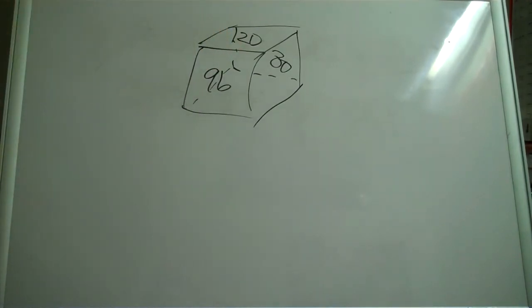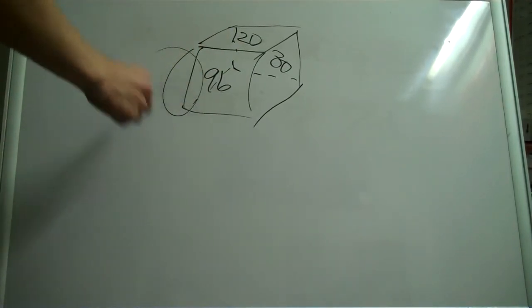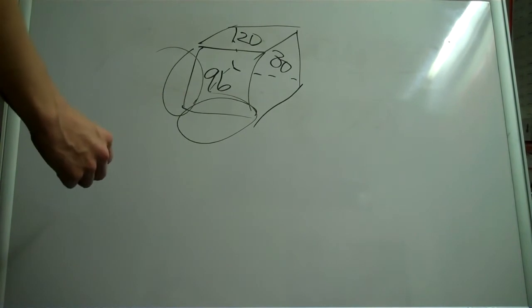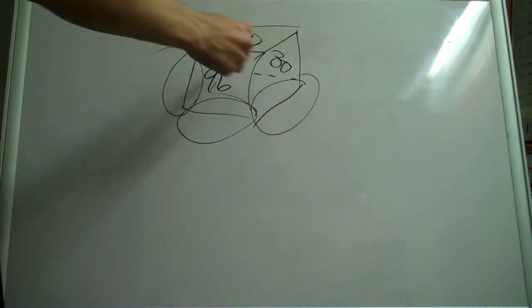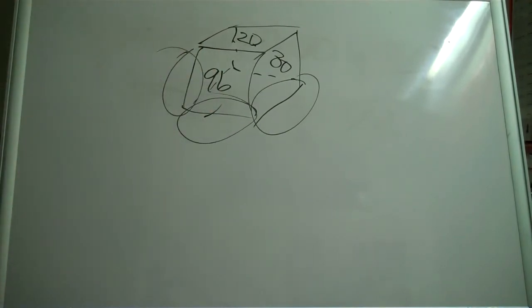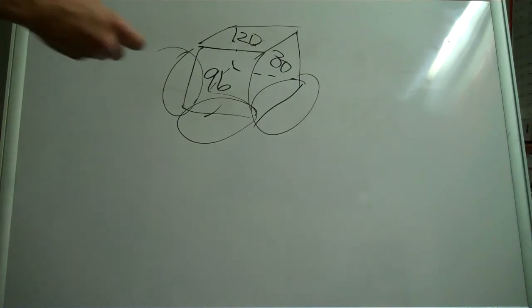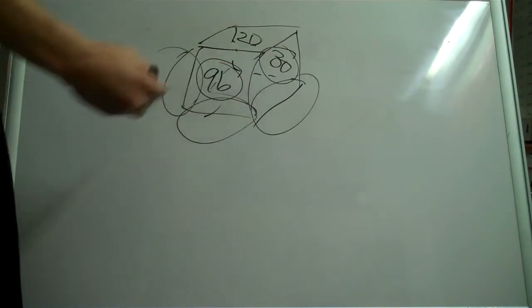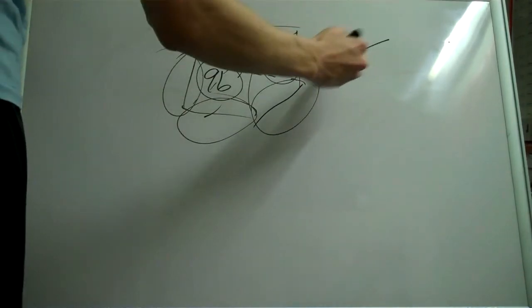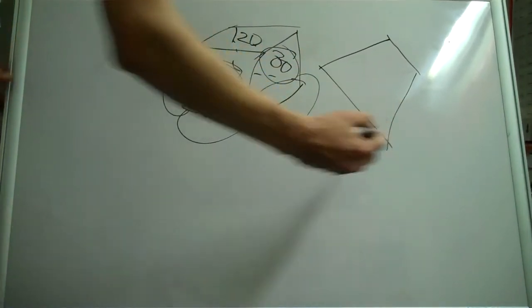Now, essentially the dimensions would be length times width times height. That would be your dimensions. But in this case, this is totally not logical. Think about it. A surface area of 96 on your front end and 80 on your back end, your top is going to look like a trapezoid.